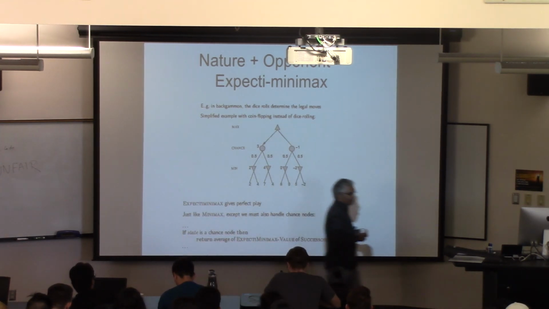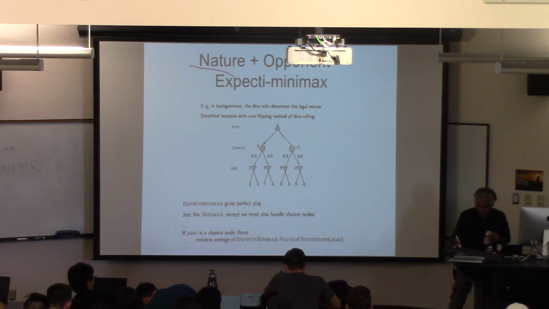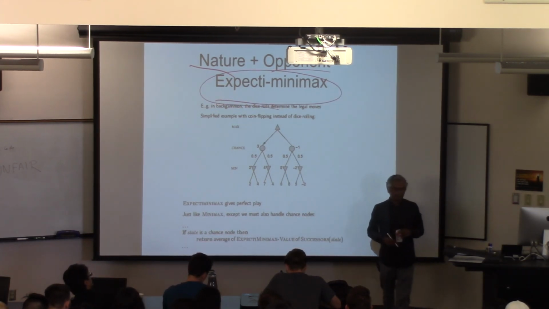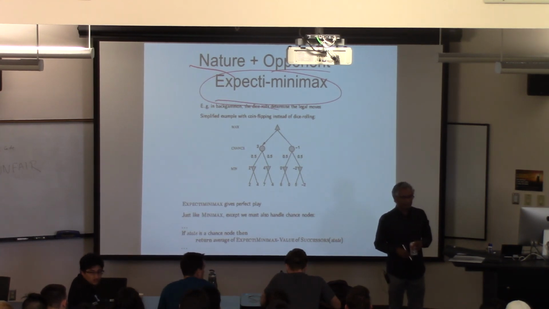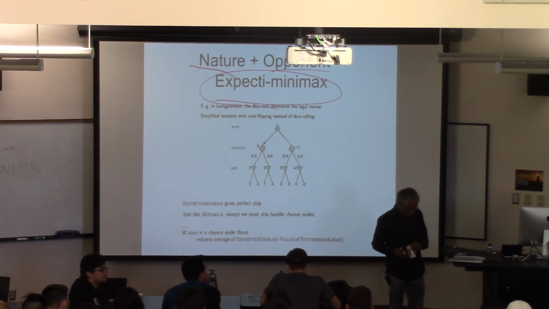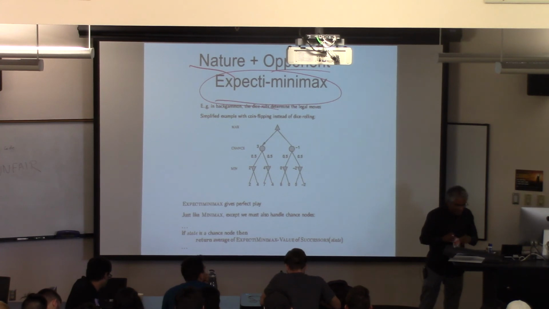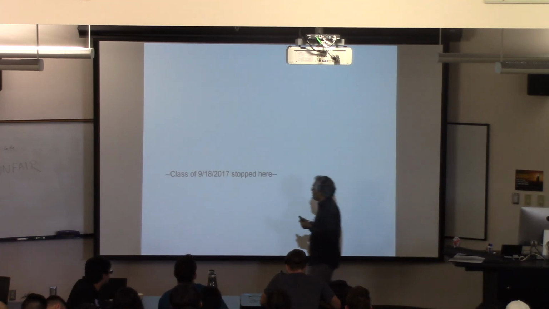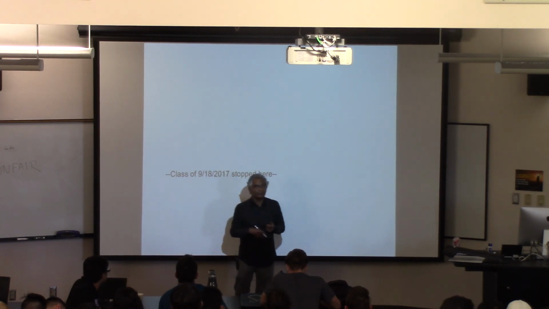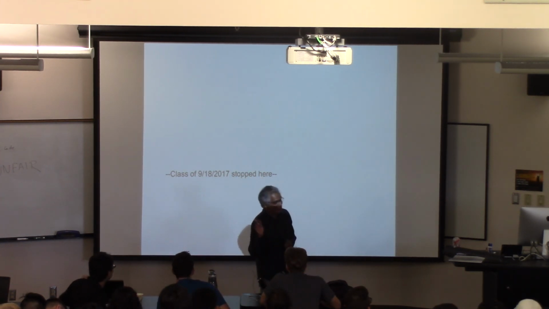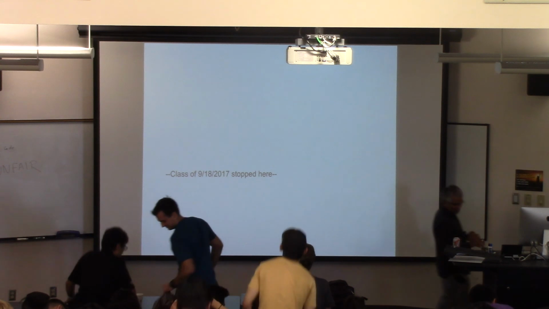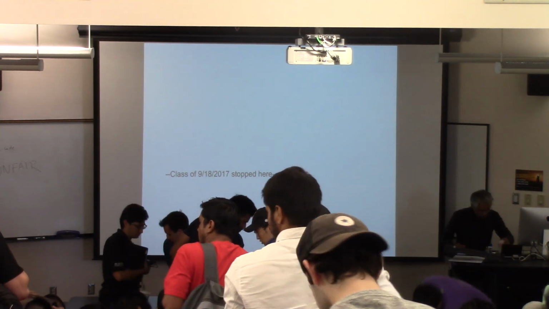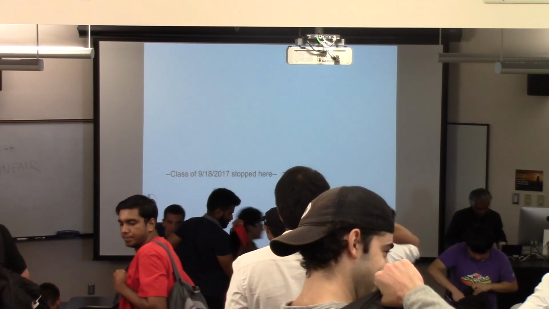So we name nature plus opponent expectiminimax. Okay? So that's basically all that we're going to do about game trees. According to last year, I stopped here, so I'll stop here.